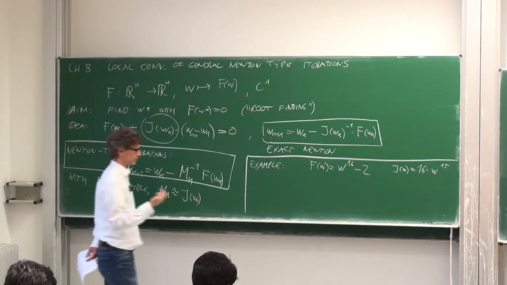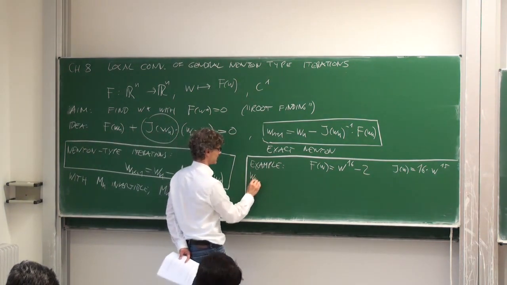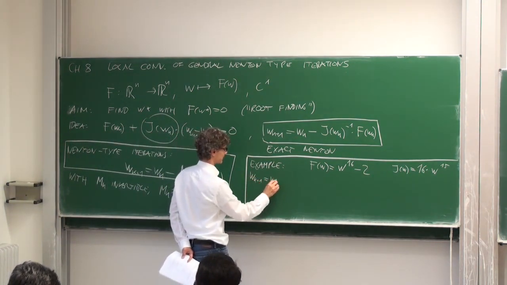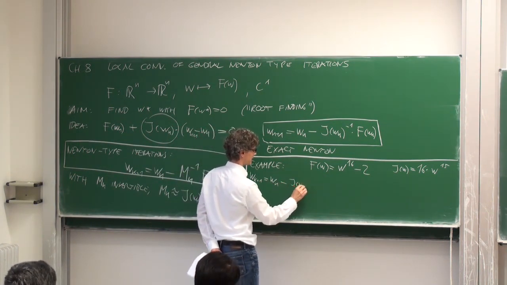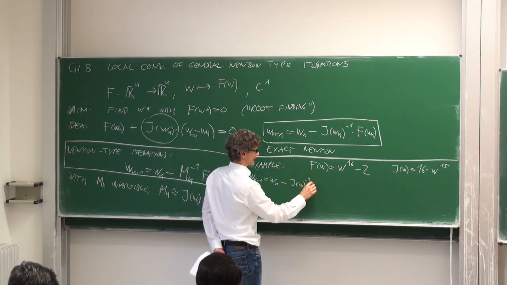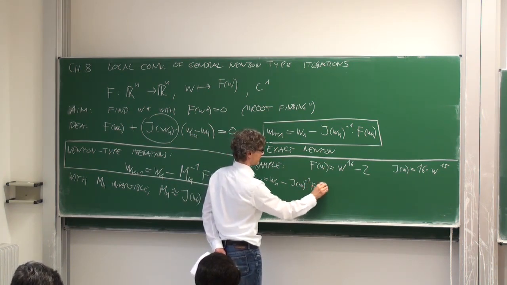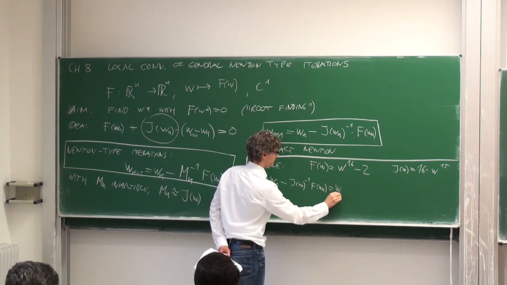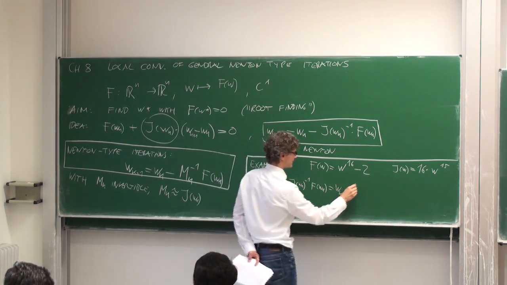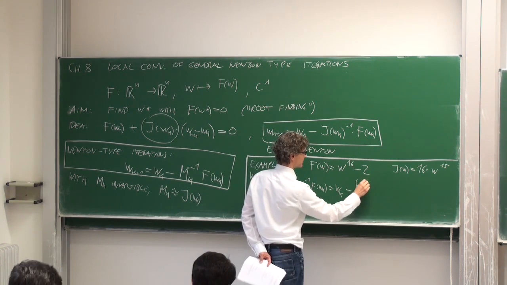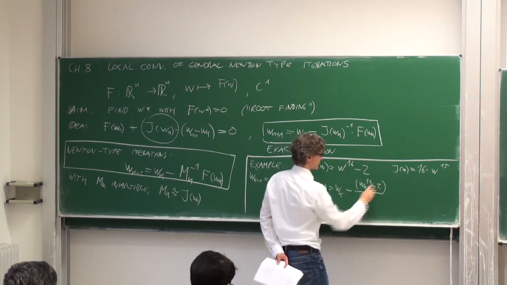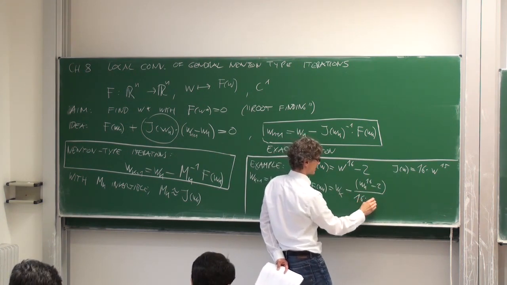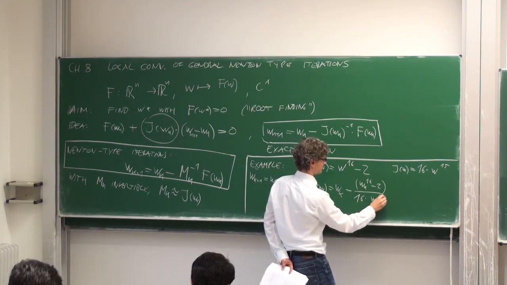And then, of course, what would be our iteration? wk plus 1 is equal to wk minus, and then we have here j wk to the minus 1 f wk, which is given by wk to the 16 minus 2 divided by this thing, and that will be 16 w to the 15.